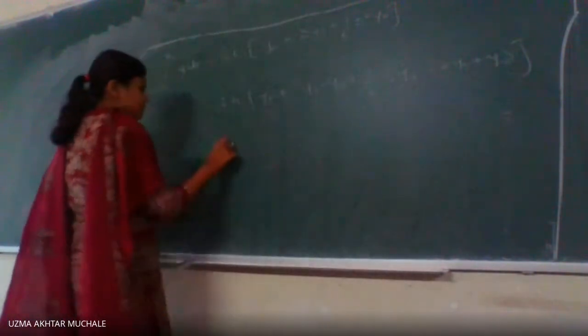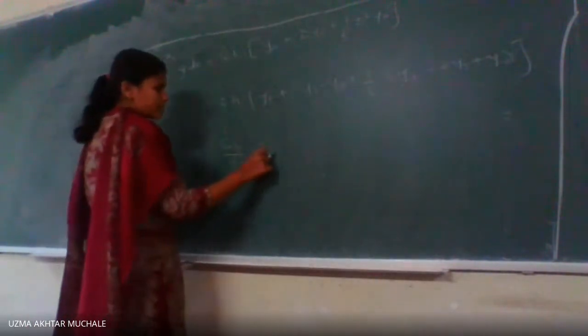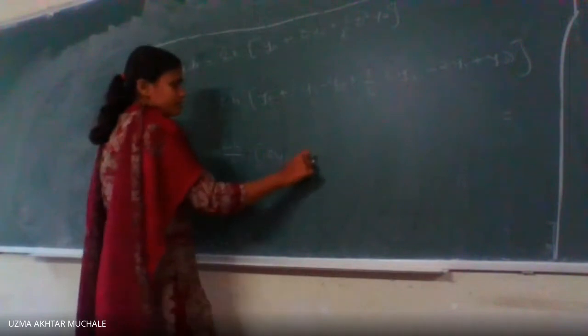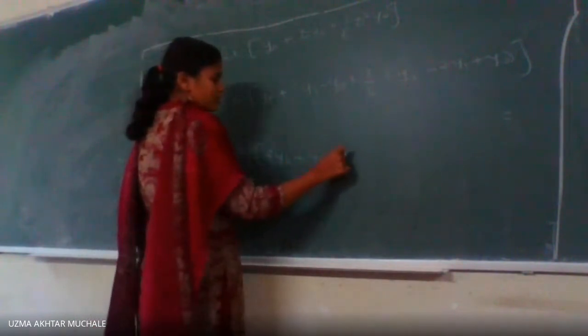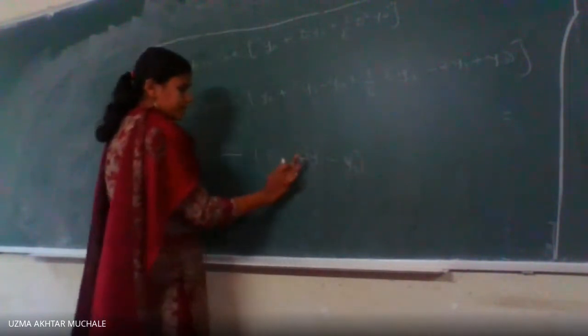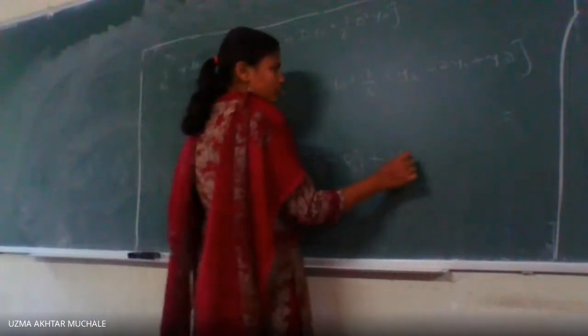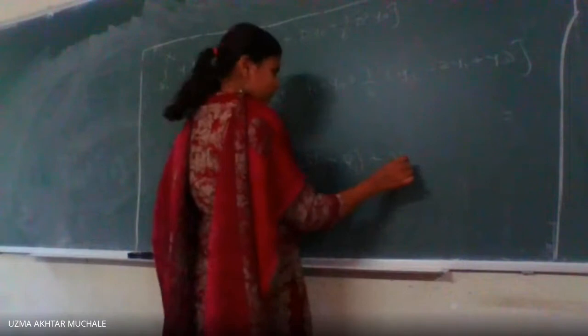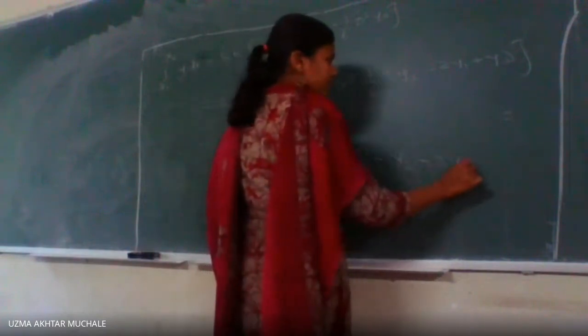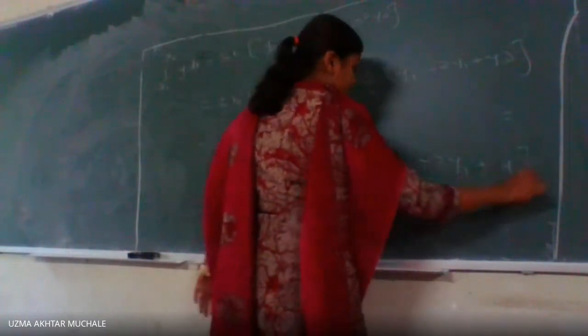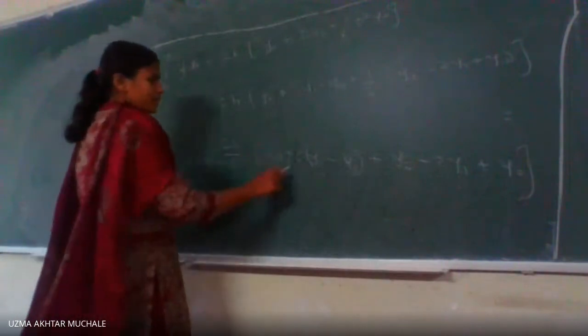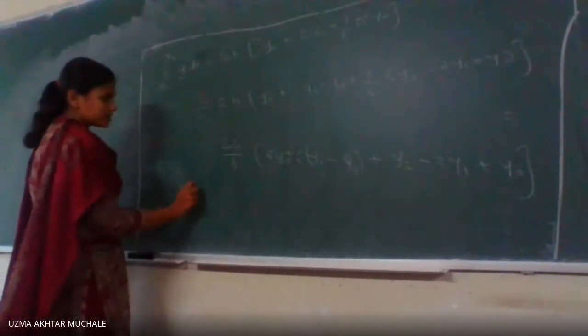If I take the LCM, it is 2h by 6 [6y0 + 6(y1 - y0) + (y2 - 2y1 + y0)]. So 6y0 minus 6y0 gets cancelled.